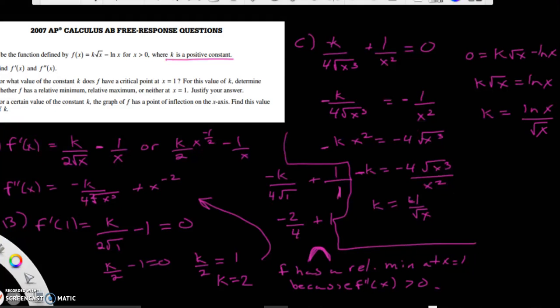And now I know both of these have to equal one another. So now I have 4 over root x equals ln of x over root x. So now I get 4 root x equals root x ln of x. So now I get 4 equals ln of x.